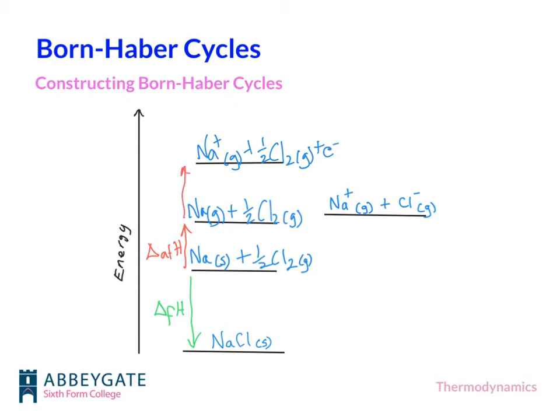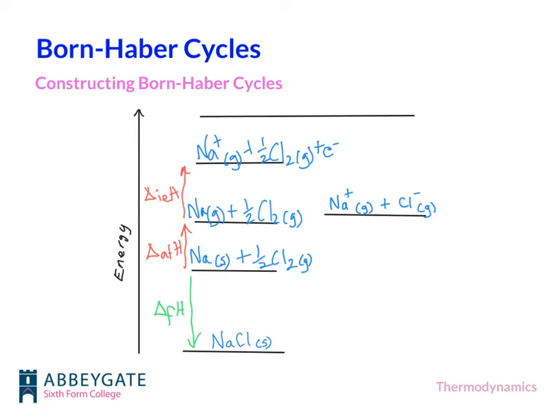This would be our ionization enthalpy for sodium. Now all of these values would be given to you in an exam question, and you would just need to be able to construct the Born-Haber cycle and make sense of those values and add them up in the cycle.